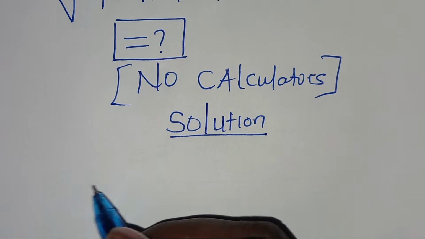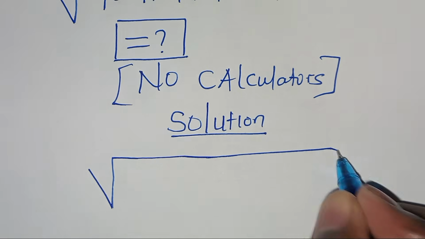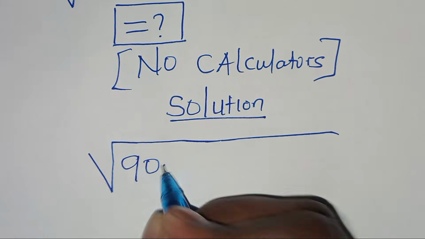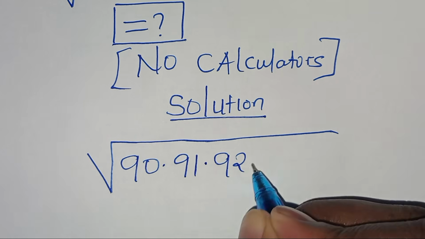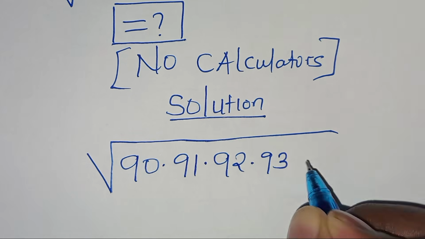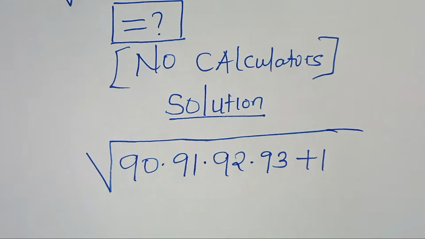So we have the square root of 90 multiplied by 91 multiplied by 92 multiplied by 93, then plus 1.